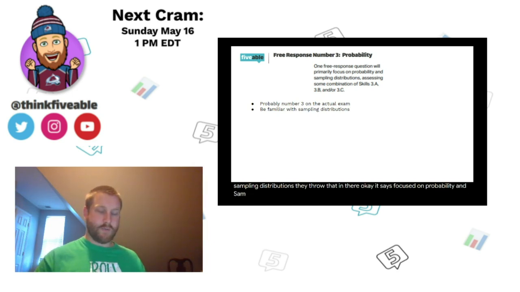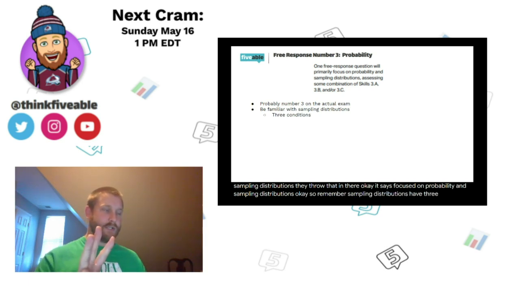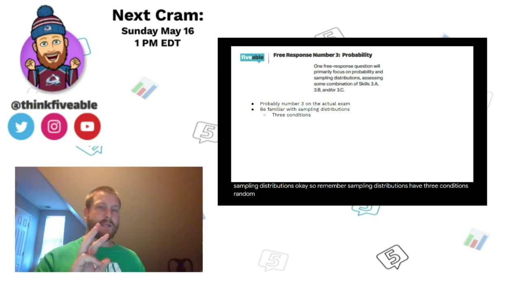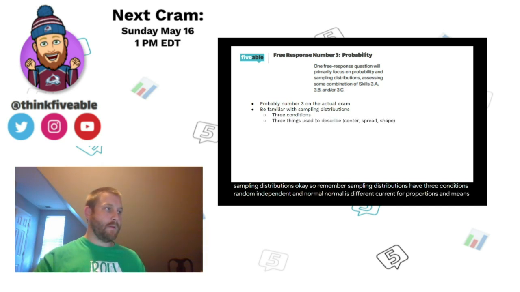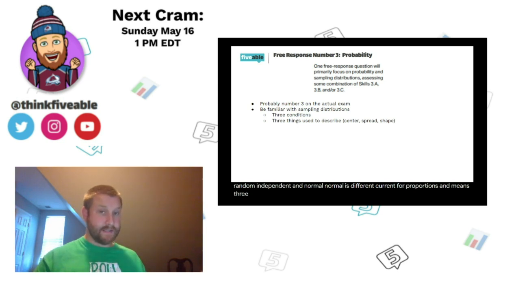Okay, so remember, sampling distributions have three conditions: random, independent, and normal. Normal is different for proportions and means. Remember, there are three things that we would describe a sampling distribution with: center, spread, and shape. If you are asked to describe a sampling distribution, those are the three things you're going to do.